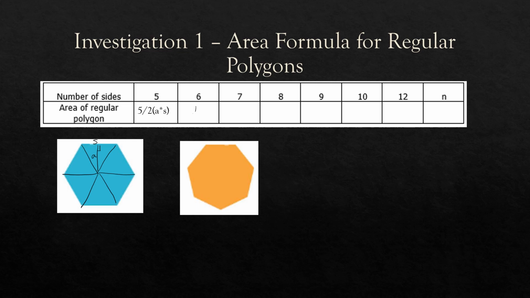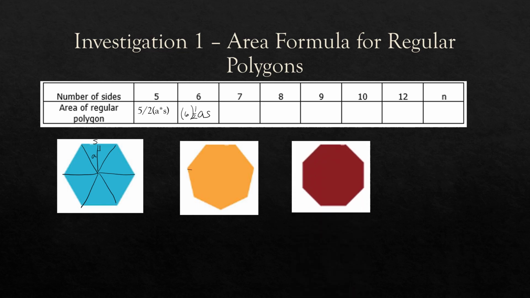Well, it's 1/2 A times S, and then there are 6 triangles in a hexagon. What about a heptagon? One triangle is 1/2 A times S, and there are 7 triangles in a heptagon.